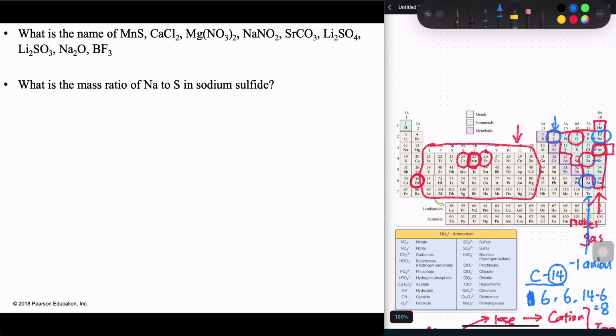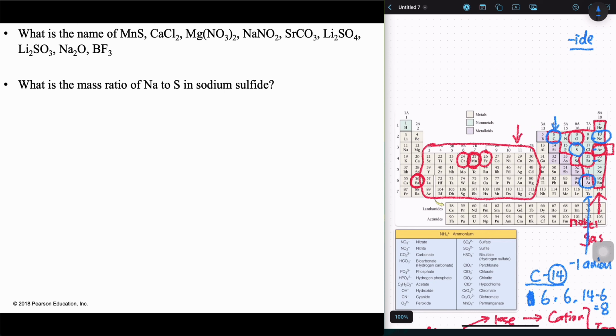What about the S? The S is a simple anion. For a simple anion, we give it a suffix of -ide. So this S is sulfide. That is why the first one is manganese sulfide, with -ide.